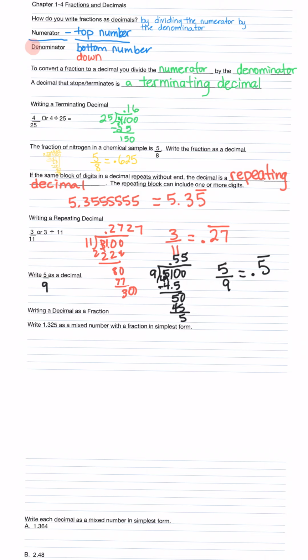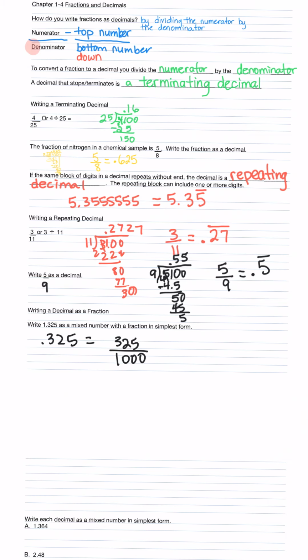So now we're going to write a decimal as a fraction. Our first challenge is to write 1.325, so 1 and 325 thousandths, as a mixed number with a fraction in simplest form. 0.325 is equal to 325 over 1,000.